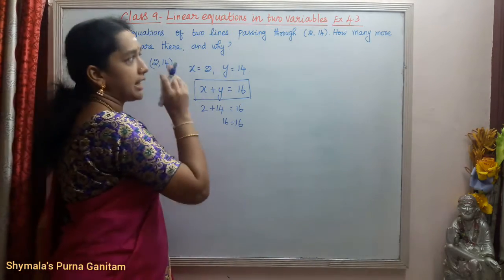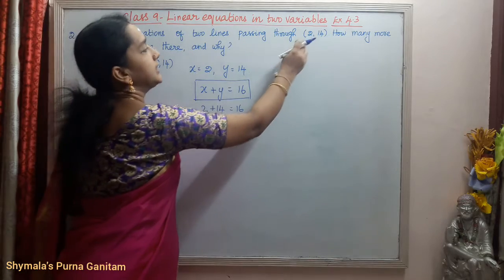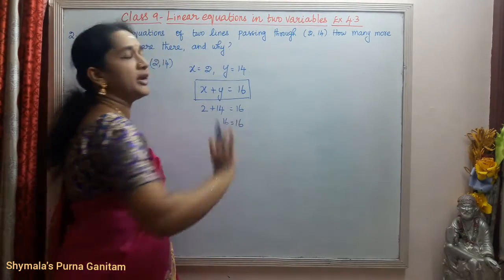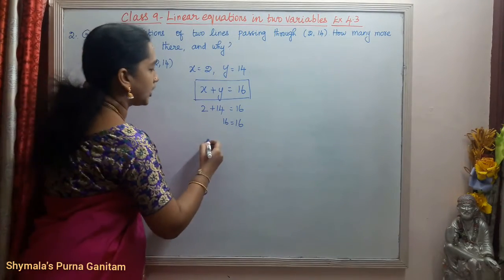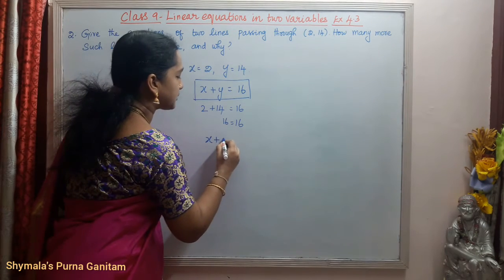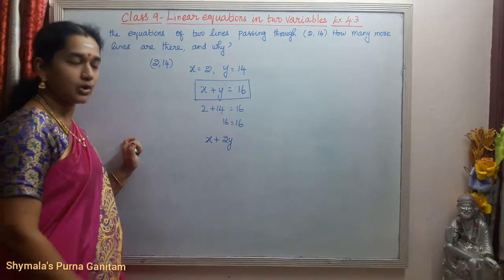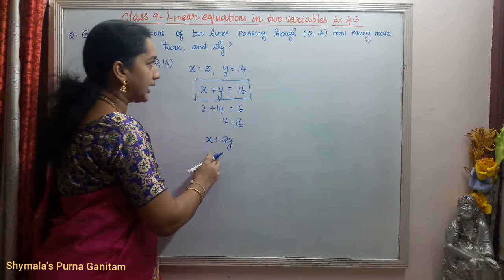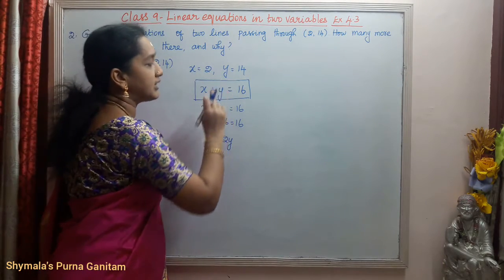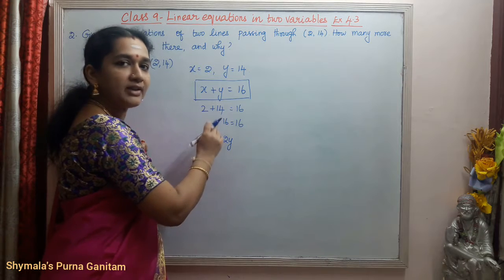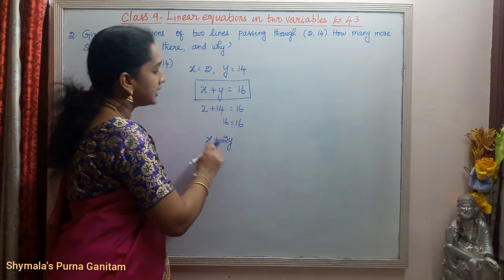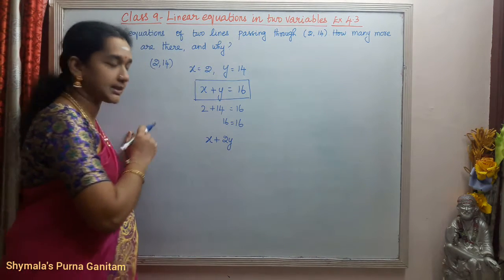Then one more equation I need to find such that the x value is 2 and the y value is 14. So, for that I am taking x plus 2y. Here the y value is given as 14 and the x value is given as 2.